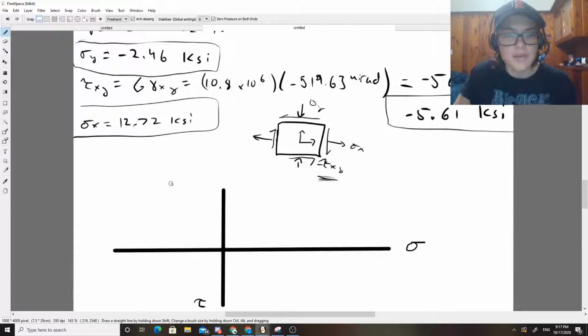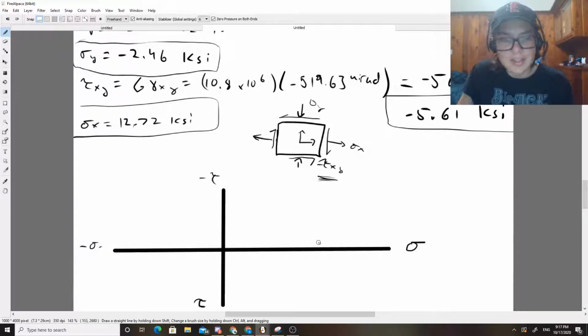So our positive shear stress is going to be at the bottom and our negative shear stress at the top. I do this because I saw it on a YouTube video, and it makes it easier when you try to find the angles for the principal stresses. Also, you can start by putting the stress x value along with your shear stress value.